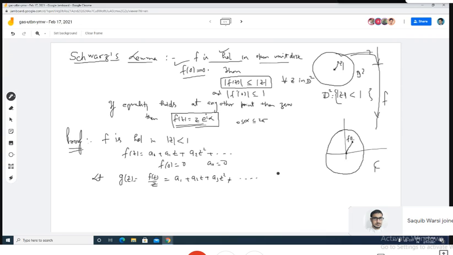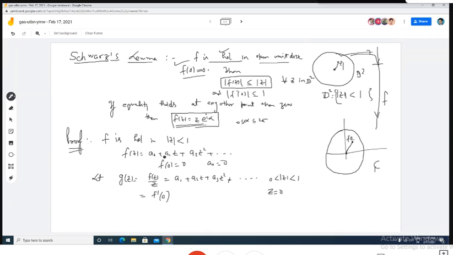So this is defined when the modulus of z is less than 1 but greater than 0. At 0 this is not defined, because the denominator will be 0, right? And suppose at z equal to 0, its value is simply f dash 0, which is just a1.